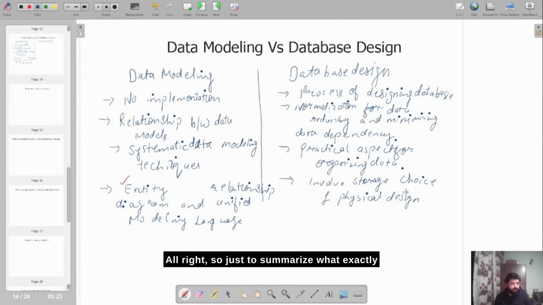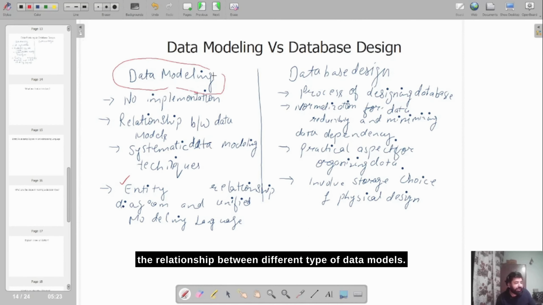All right, so just to summarize: data modeling has no implementation, and it is about deciding the relationship between different types of data models, decided based on systematic modeling techniques, which are the ERD and UML diagrams.